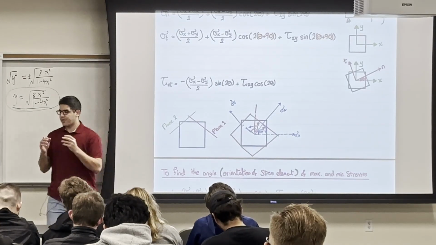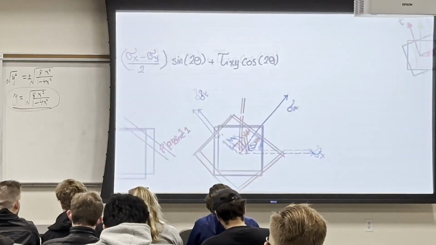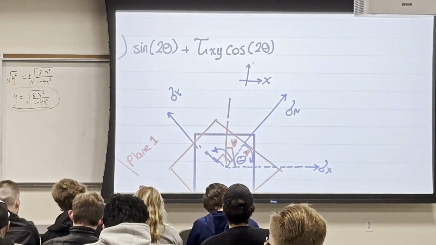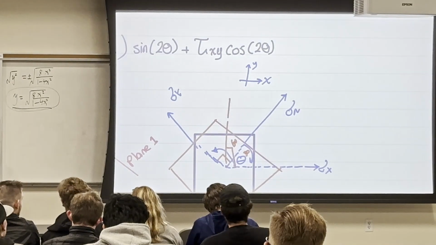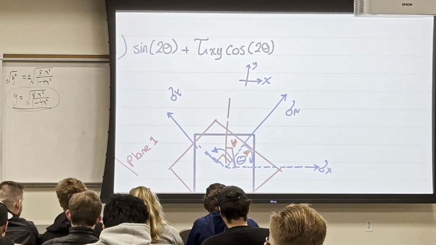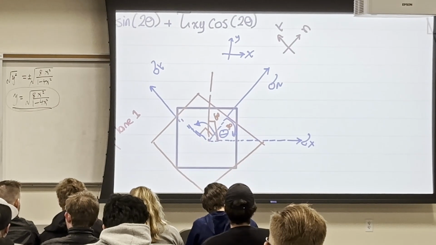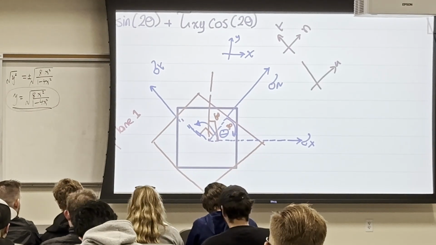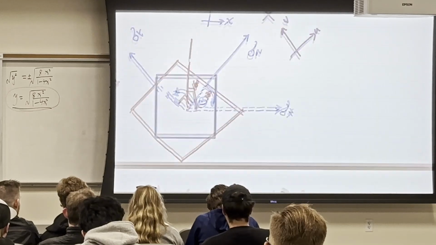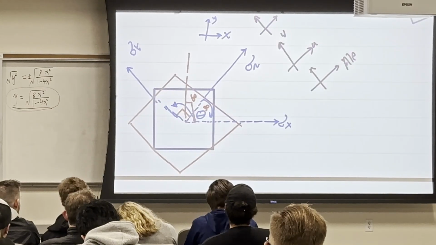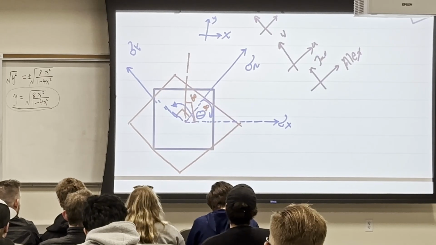And I don't want you to be confused with the naming. I named here x and y, which is the conventional naming. When I rotated it, I named it n and t. But you can name it anything. You can name it u and v. You can name it anything, like Alex and Jack, for example.